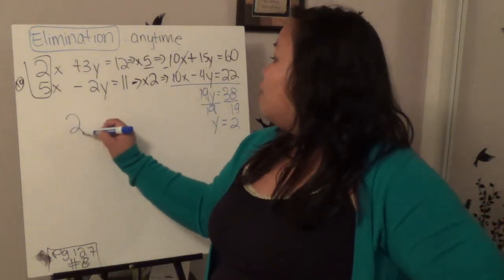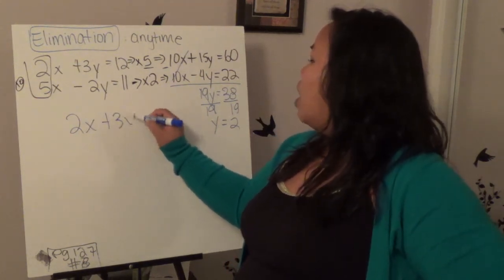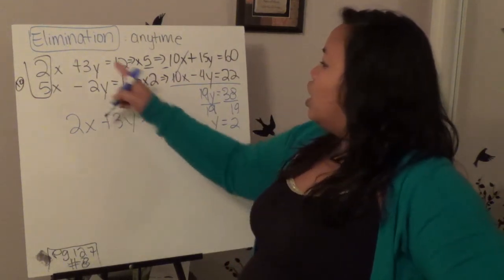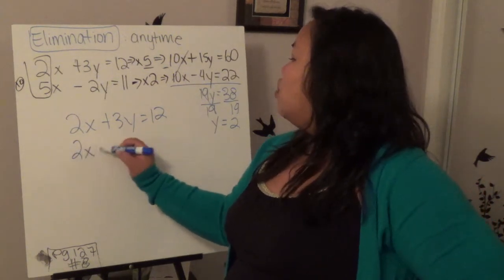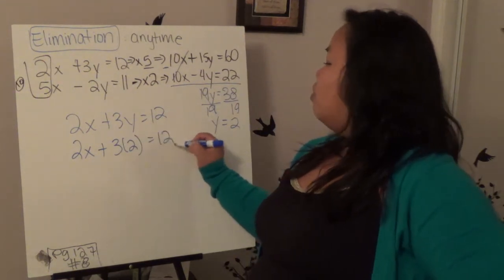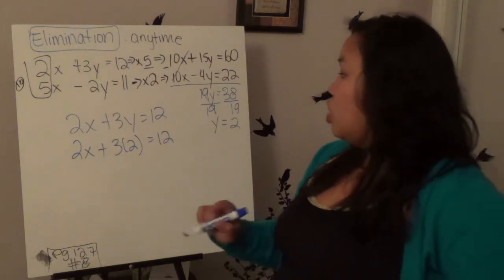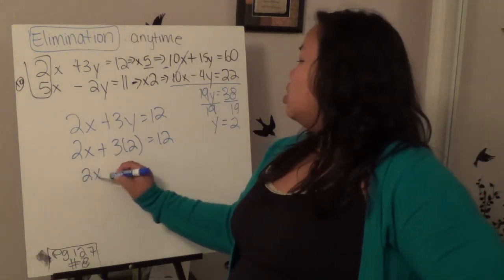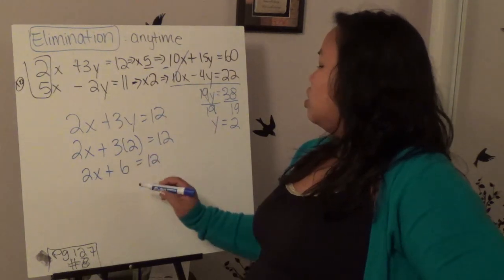So I'm going to take the first one because it's easier. 2x plus 3y equals 12. Okay, I chose the first equation, and I'm going to replace y now with 2. So 2x plus 3 times 2 equals 12. Now how many variables? I have 1, just x, so I'm going to solve. So 2x plus 6 equals 12, right? 3 times 2 is 6.